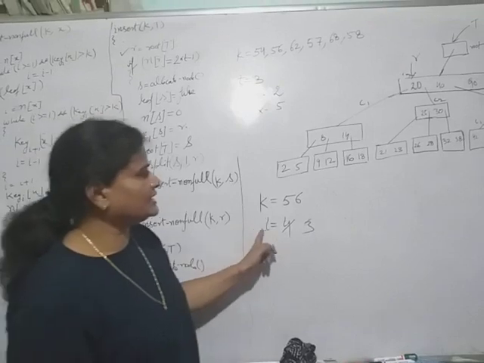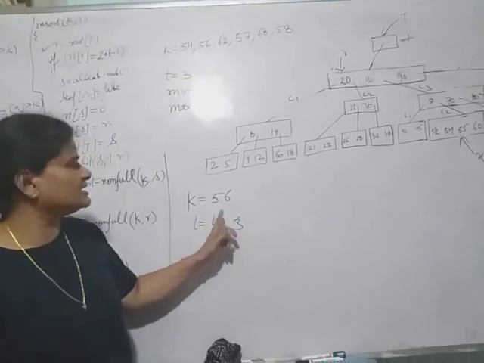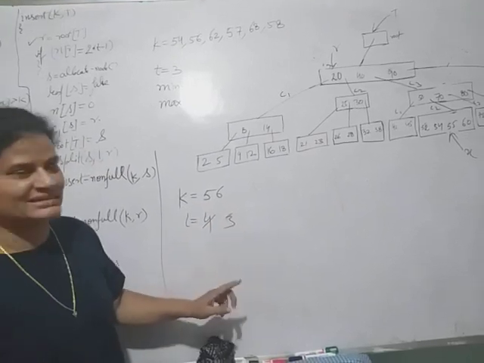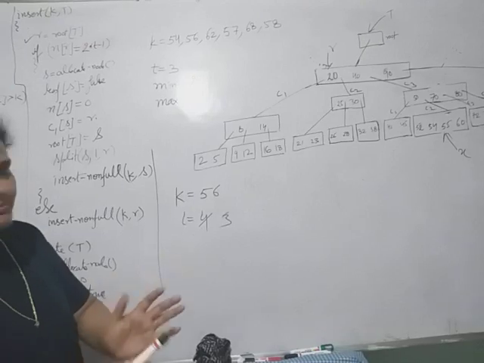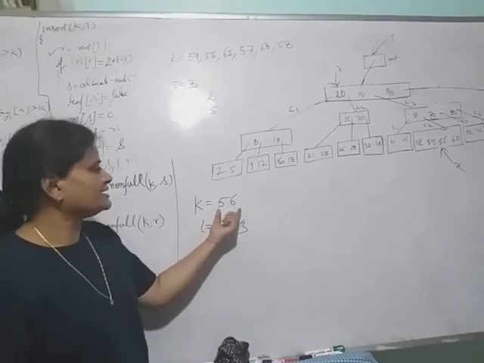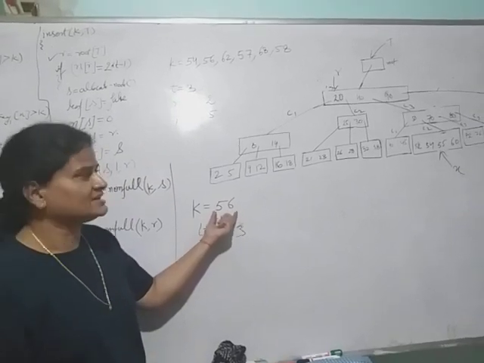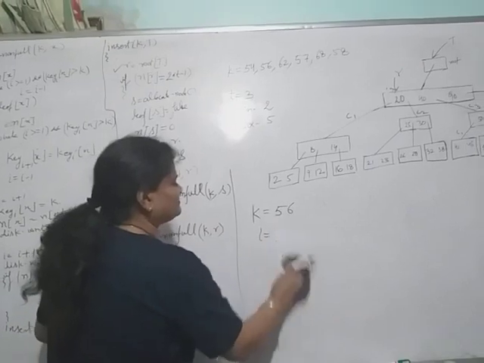Okay, so now here I is 3. So third is the proper place where 56 can be inserted. First we find the appropriate place, then we move the keys to make room for 56. So here I equal to nx, again I will start with 4.